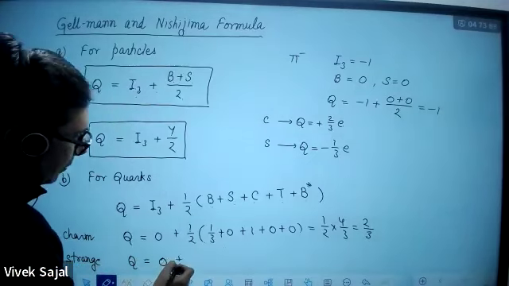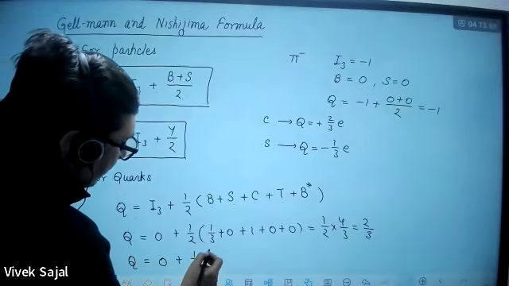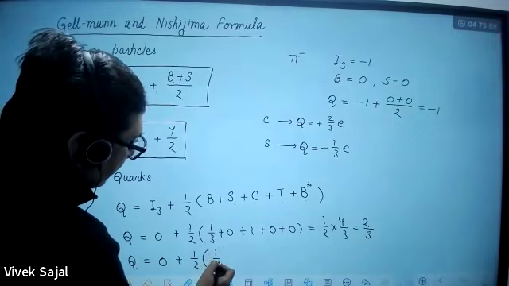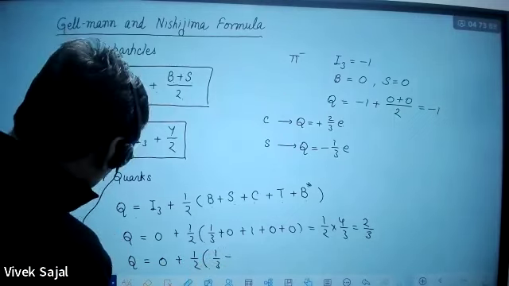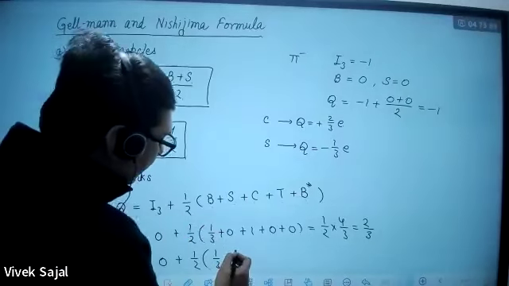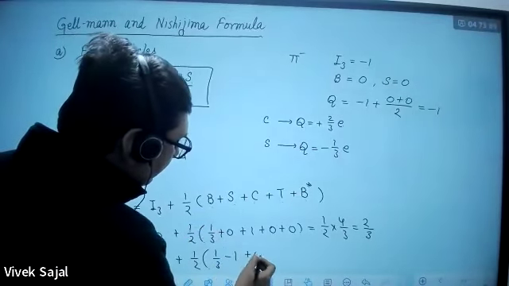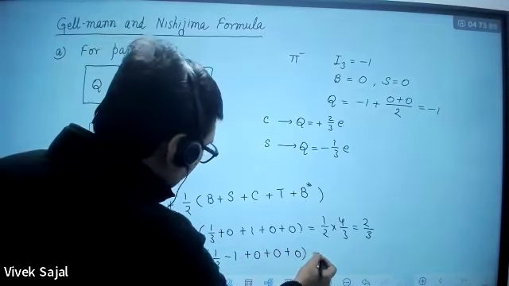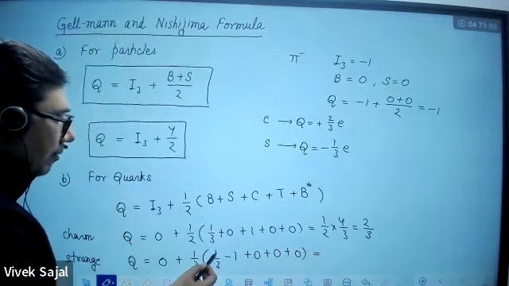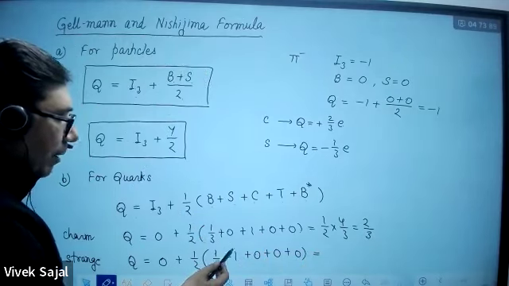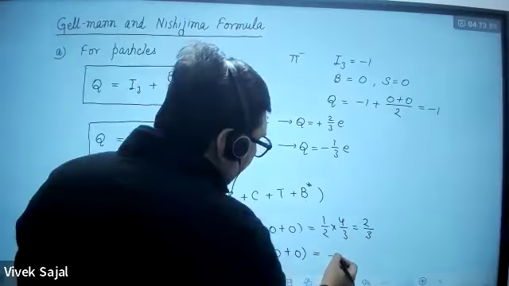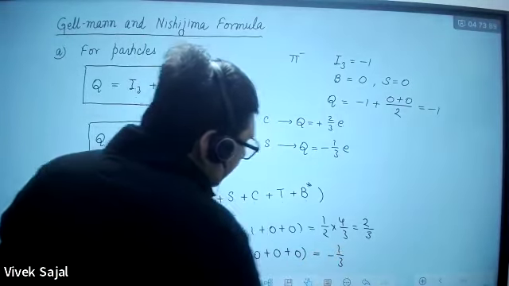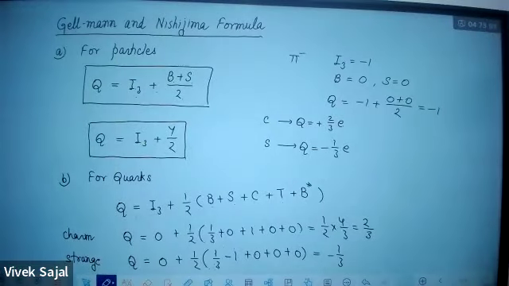I3 is 0, plus 1 by 2 times, this will be 1 by 3. For strange quark, S number is minus 1 strangeness. The rest, charm, top, beauty, will be 0. So this will be 1 minus 3, so minus 2 by 3. So this will be minus 1 by 3 e here. So this is the charge on the strange quark.